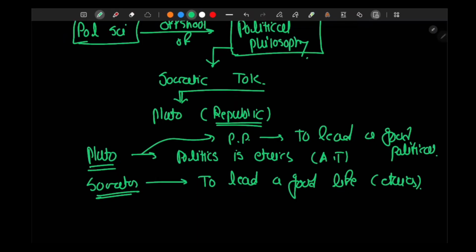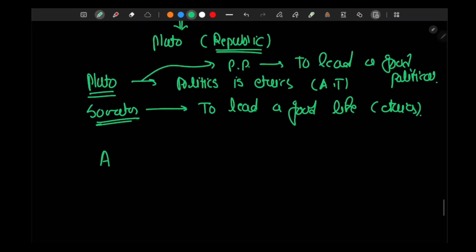So normativists or philosophical thinkers will be very much limited to ideas, to knowledge with respect to good political life, politics, and ethics. Right? Then Aristotle, what does Aristotle do?